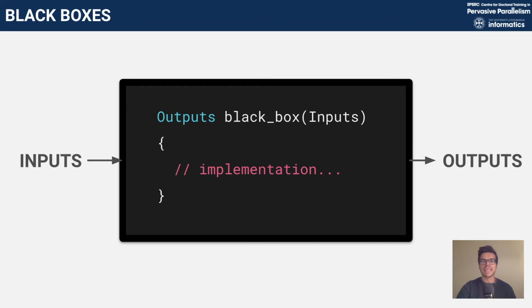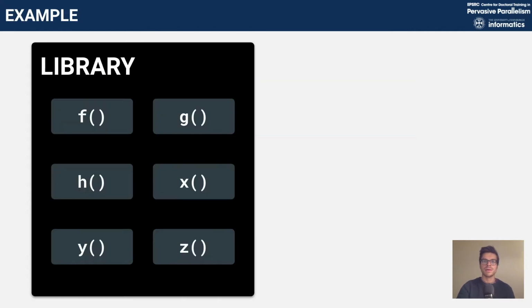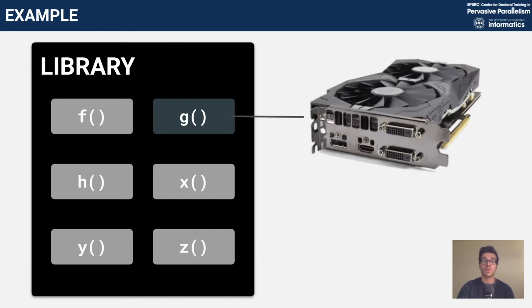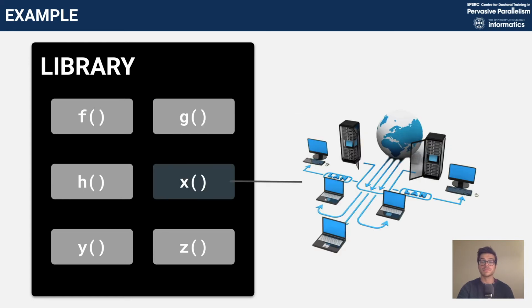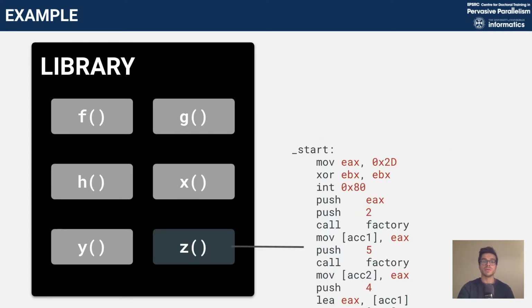It's worth also taking a second to think about the reasons we have for thinking about black box components as opposed to those which we know more about. For example, if we were to have access to the original library source code. Components in this abstract library here could be implemented by calling out to specialized hardware or across a network service, or they might be distributed as compiled binary code only.